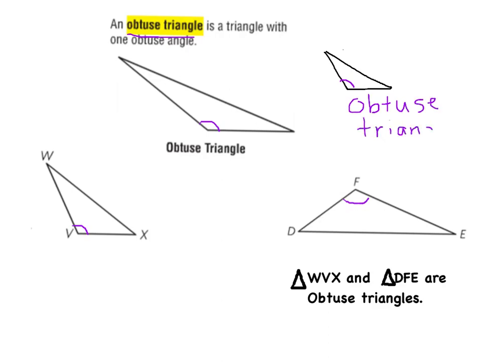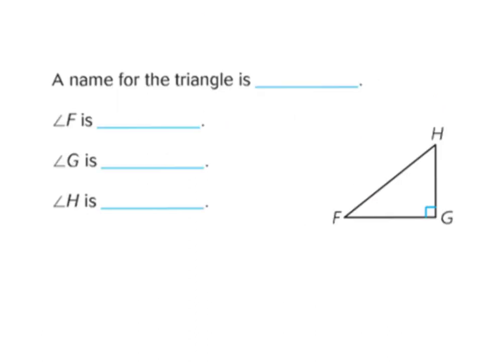All right, so now you've learned the three different types of triangles: right triangle, acute triangle, and obtuse triangle. Now let's practice. So let's see if we can classify this triangle you see right here. A name for this triangle, I'm going to call this triangle FGH.